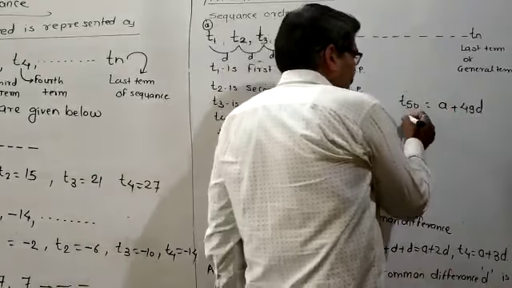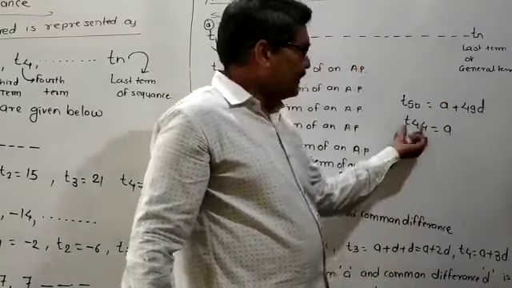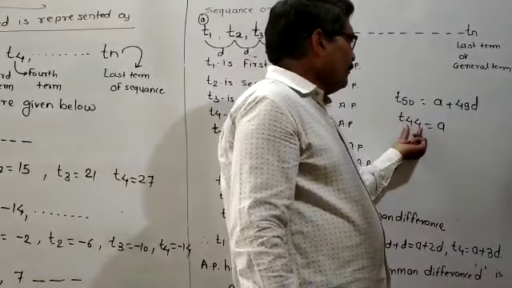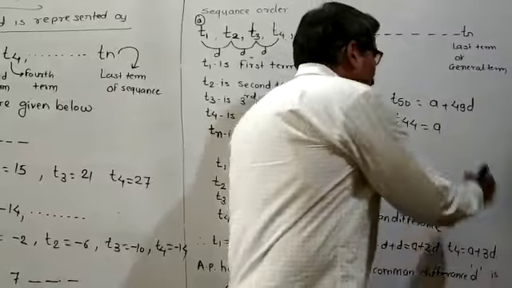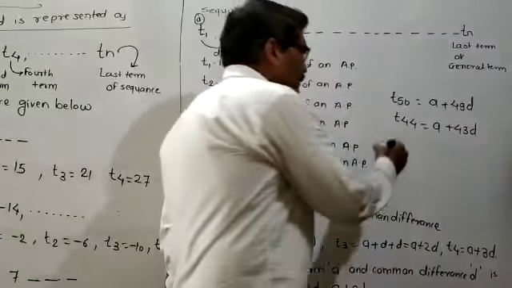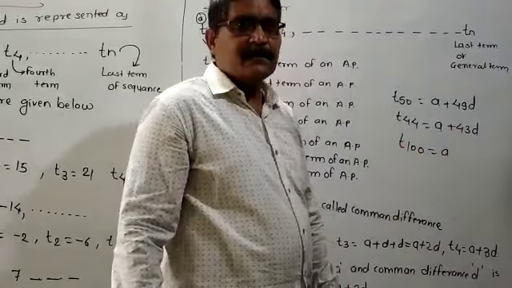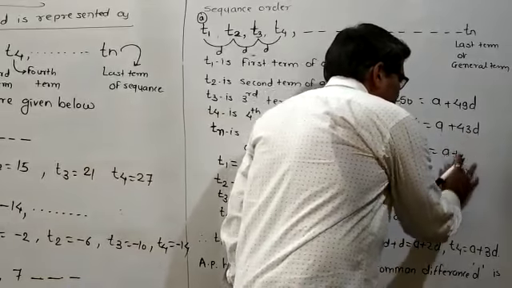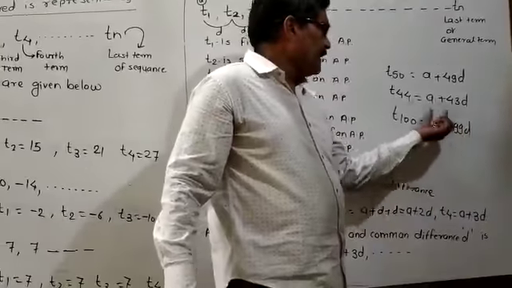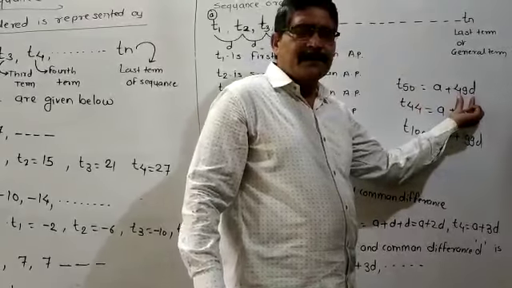If you want to write the T44 term, the first term is A, and 44 minus 1 means 43D. Like this you have to write. If you want to write the T100 term, A is the first term, plus 100 minus 1, which means 99D. Here is 100, here is 99; here is 44, here is 43; here is 50, here is 49.